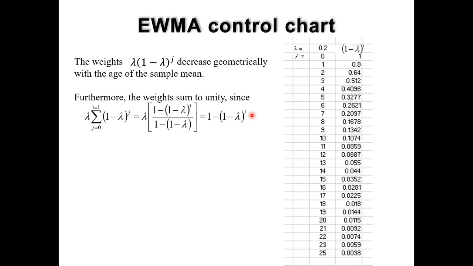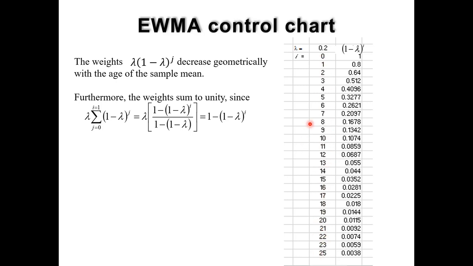Okay, so what we can do is plug in values of lambda and compute this part of the weight for each and every individual observation, or for each and every sample if you are dealing with sample mean values.